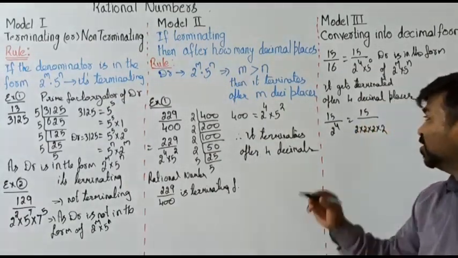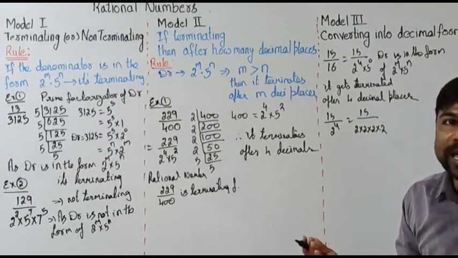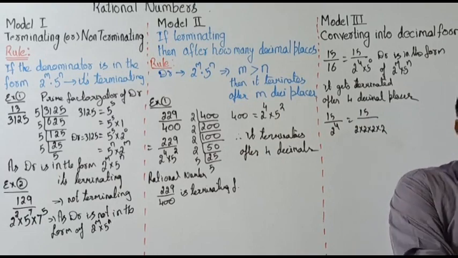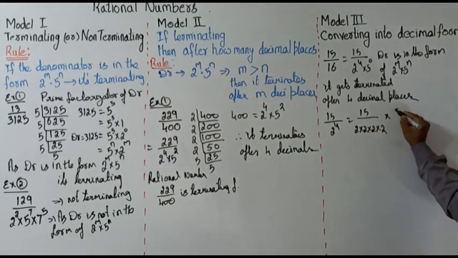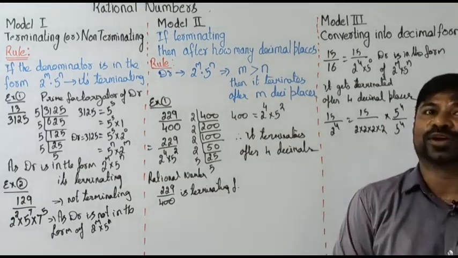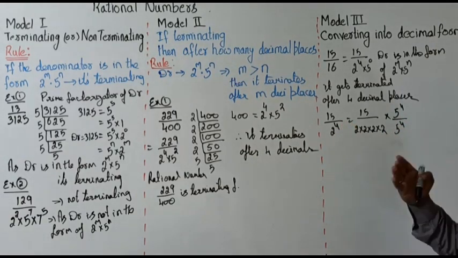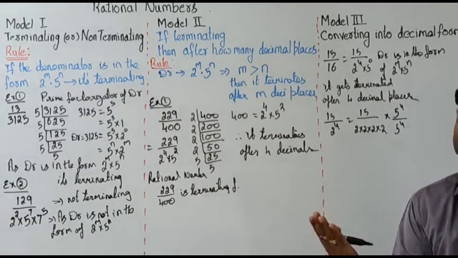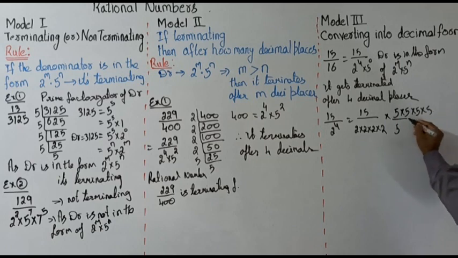That's the simple logic. 2 to the power 4 is there. How many 5's are missing to pair up with that? 4 5's. 4 2's, 4 5's. That is what we are going to do: 5 to the power 4 by 5 to the power 4. So to pair up with the 2 to the power 4, how many 5's should be there? 5 into 5 into 5 into 5.